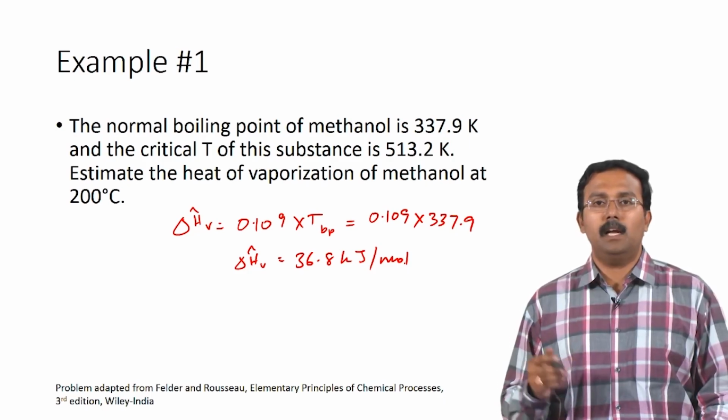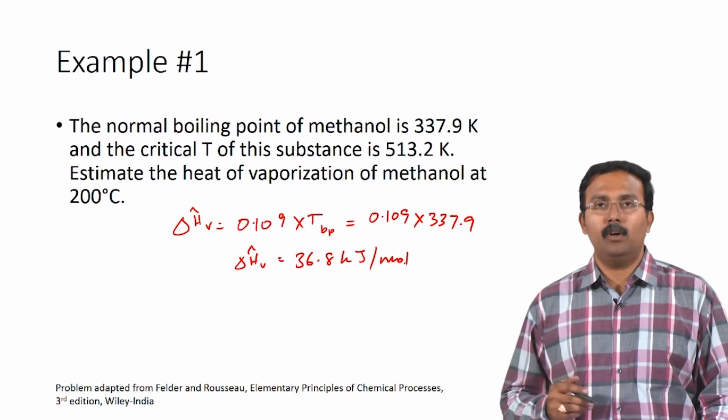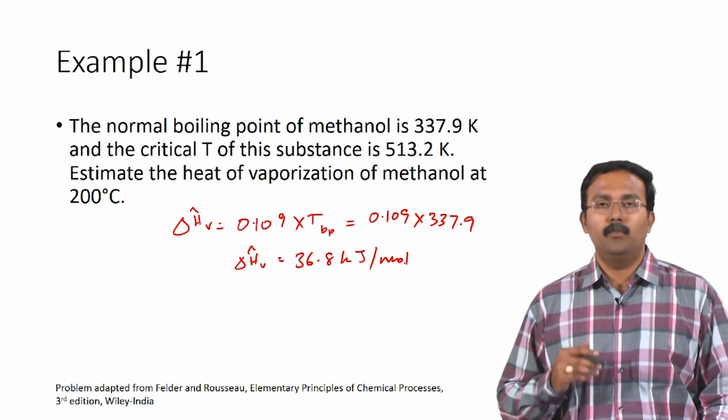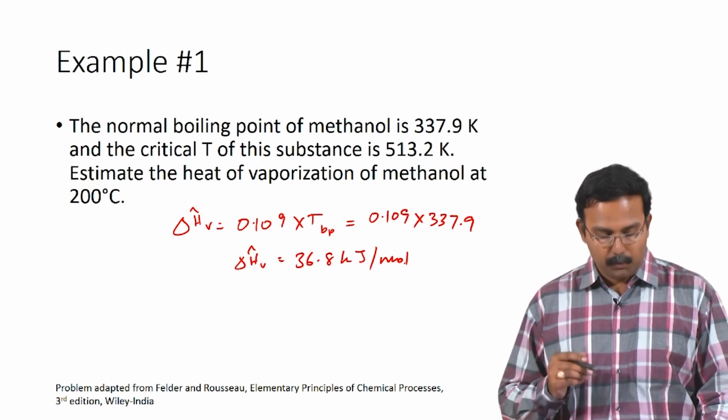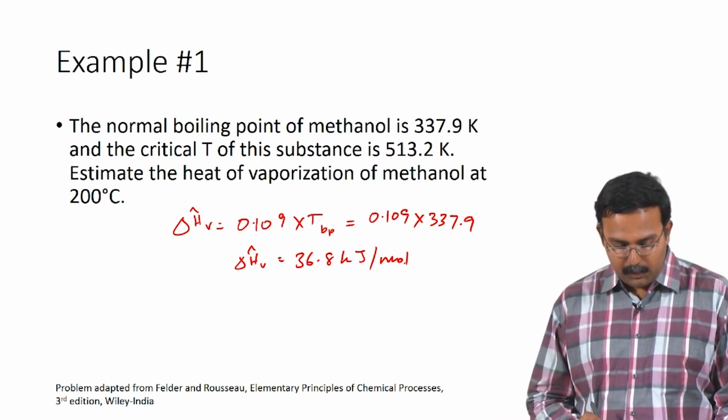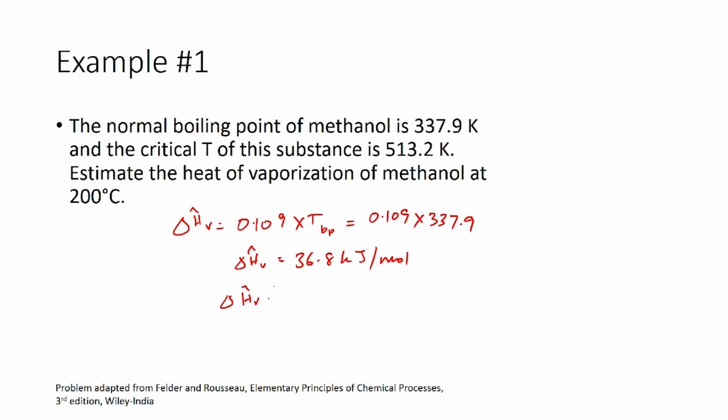However, we have been asked to calculate the heat of vaporization of methanol at 200 degrees Celsius. For doing this, we would have to use Watson's correlation. Watson's correlation was delta H cap V at temperature T2 equal to delta H cap V at temperature T1 times critical temperature minus temperature of interest divided by critical temperature minus temperature at which the heat of vaporization is known, to the power of 0.38.